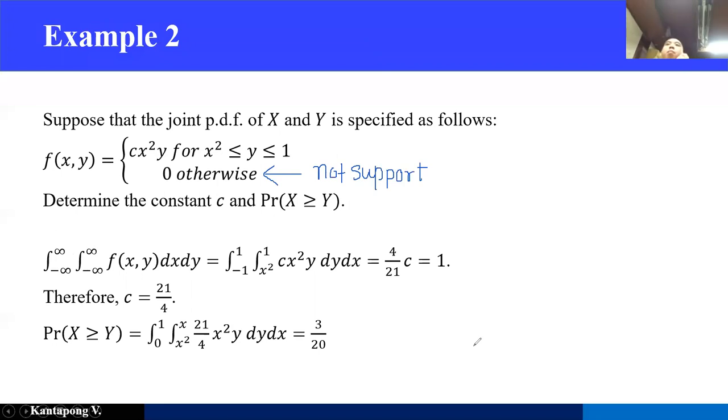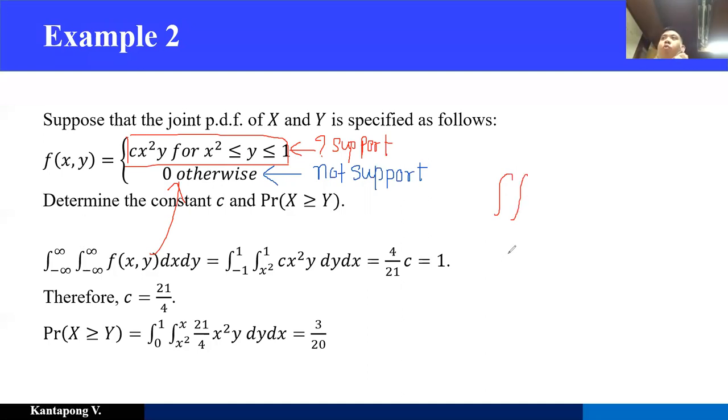So we have to look at this one instead, which may be the support. We have to consider this case, and in this case, we are going to take the integral.